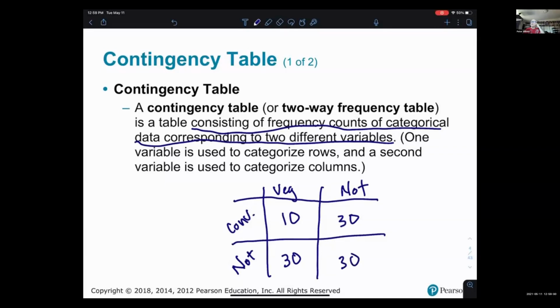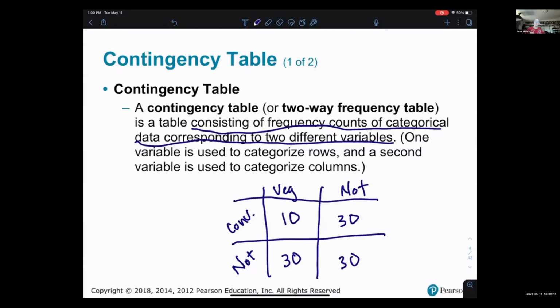So I have a bunch of frequency counts with a total of 100 observed items broken into these two variable categories, vegetarian or not, convertible or not. This is an example of a contingency table. Okay, so a contingency table allows us to have a sample of observed values that we can use to test a claim about whether being a vegetarian or not is independent of whether you drive a convertible or not.